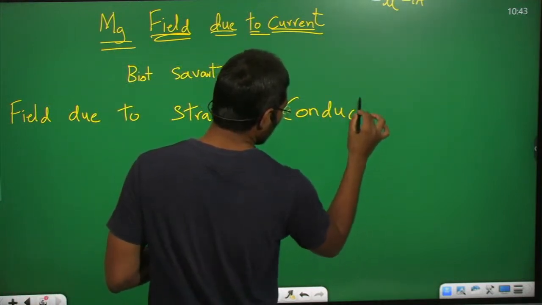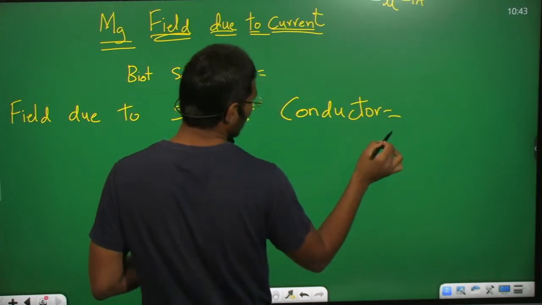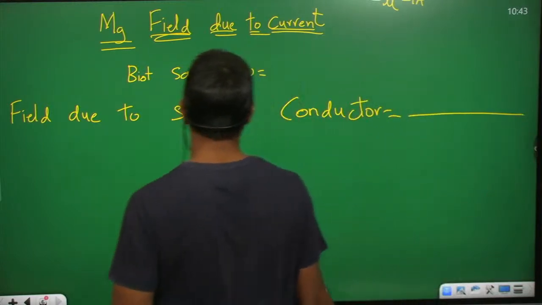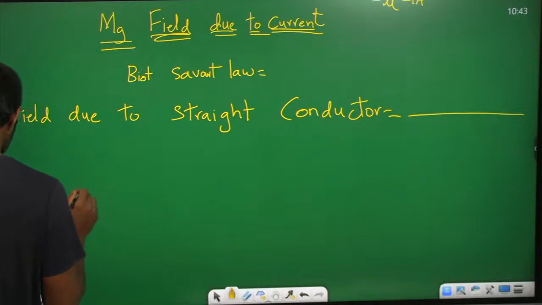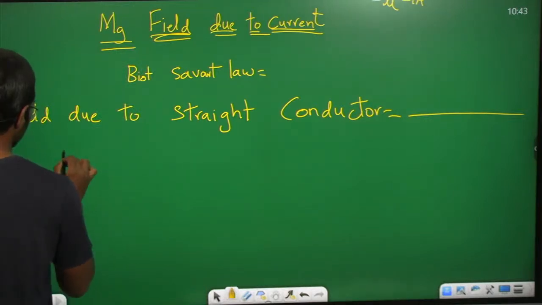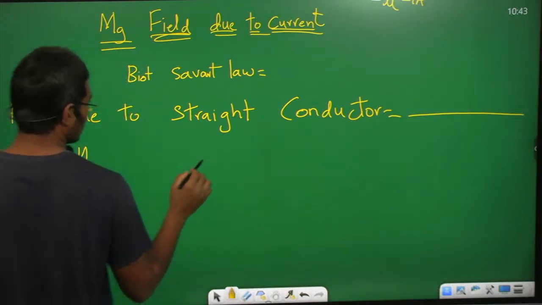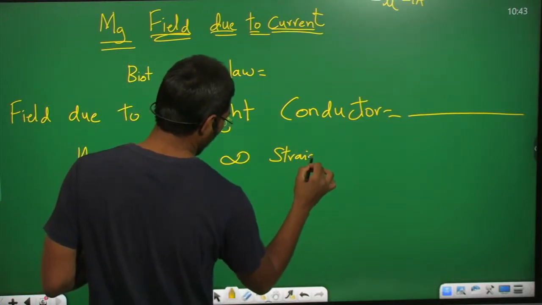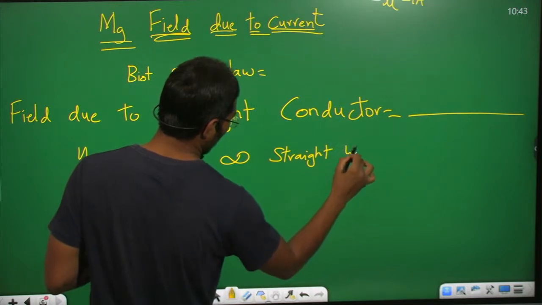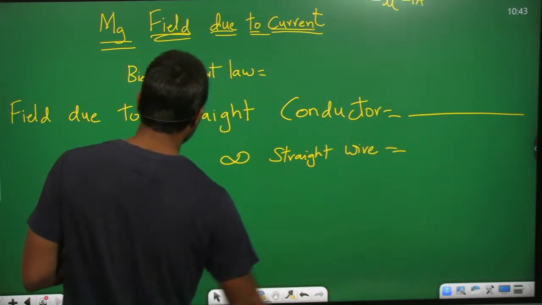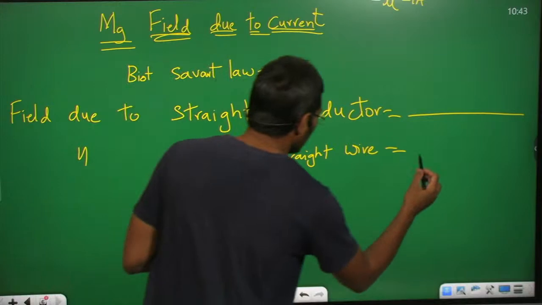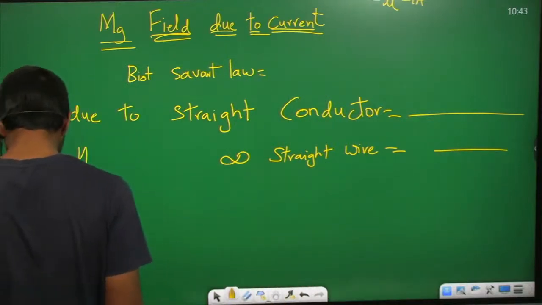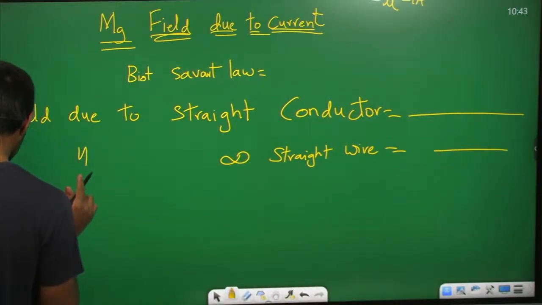So people watching online, try to fill in the blanks and check whether you are getting it right or wrong. Field due to infinite straight wire. Force between parallel wires next.